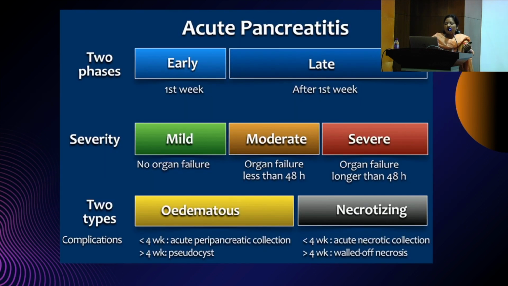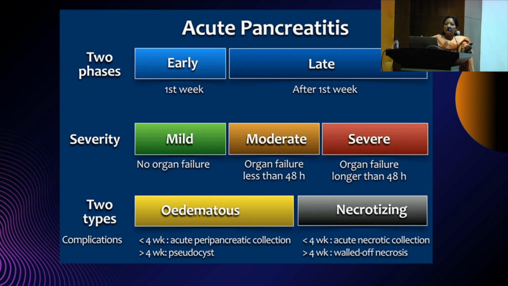Before we jump into pancreatitis, we always have to understand the timelines. The most important thing in a patient who presents with pancreatitis is that it's not a one-day, two-day disease. It's a disease which runs in phases. The first week, the second week, and the subsequent time are the important phases of pancreatitis. Whenever we counsel our families, we always say it can go up to 6 weeks.